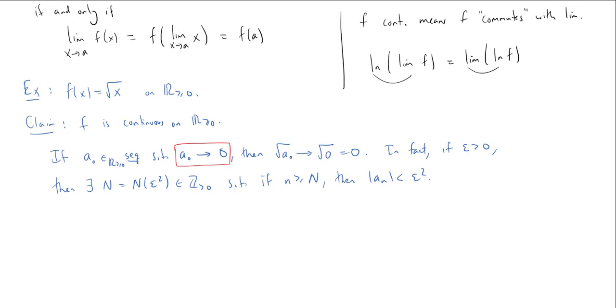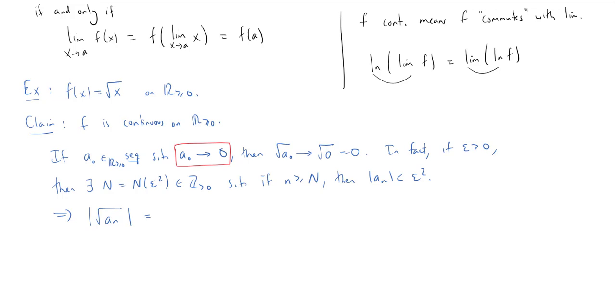Okay, we haven't checked the square root of a_n yet. But if I know that the absolute value of a_n is bounded by epsilon squared, what does that tell me? Well, what if I want to know about the absolute value of the square root of a_n? So first, this is going to equal, the absolute value isn't doing much to that square root now, is it?